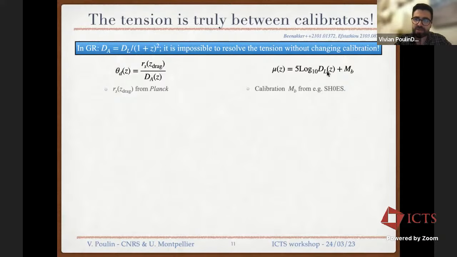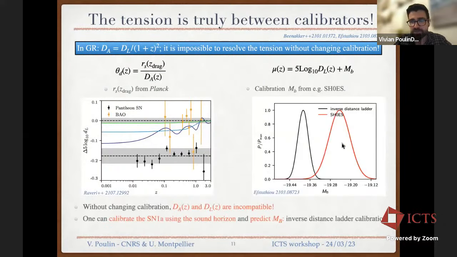And you see that you can play a game here where you can say, given that I know the sound horizon from Planck, I measure this from the BAO, I can extract dA. Then I can use this relationship, and I can plug this back here to predict, for instance, the intrinsic magnitude. And this is really where things go wrong. If you do this, you find that the intrinsic magnitude is just wrong compared to what has been measured by SH0ES.